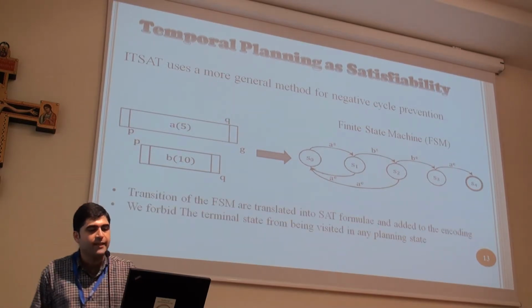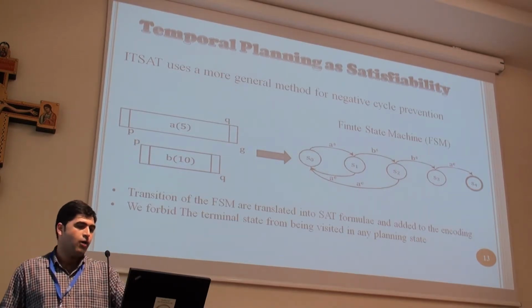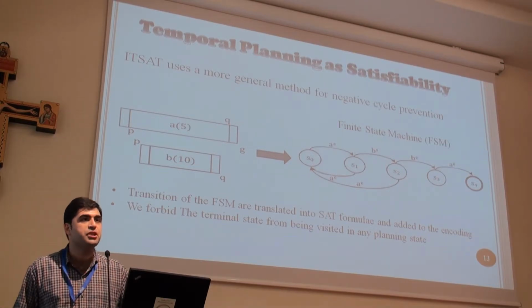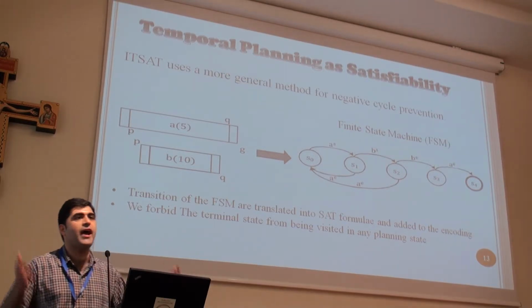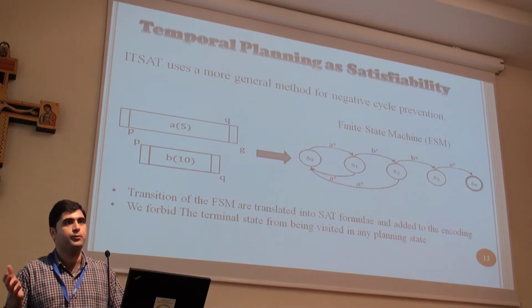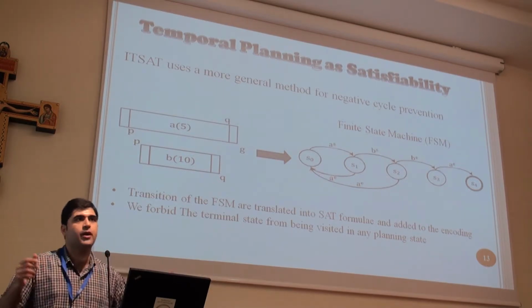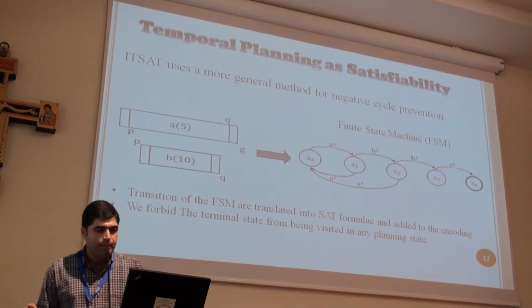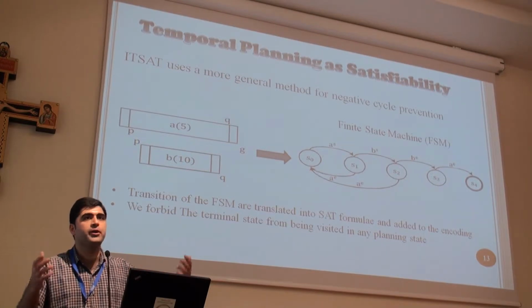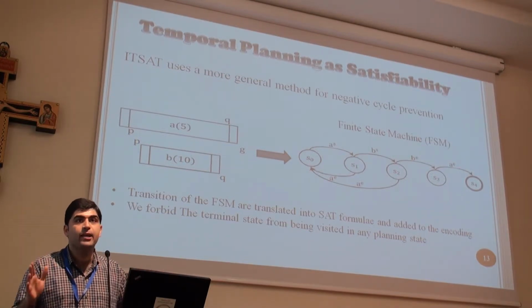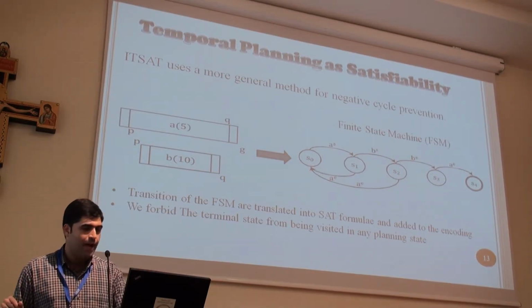Then we translate the transitions of this finite state machine into a SAT formula and add it to our original SAT formula. So this time that we solve the formula again, the same negative cycle will not happen again.